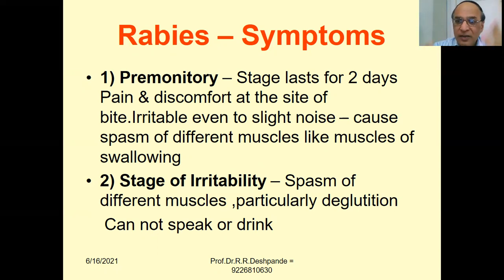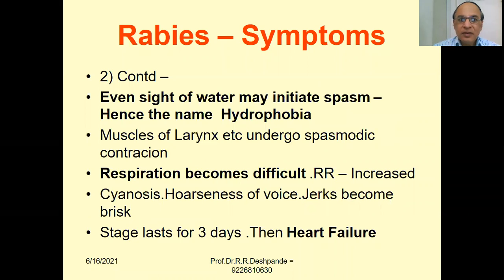He cannot drink even water. Even the sight of water, by looking at the water, or that someone is giving water, makes the fear of spasm and initiates the spasm, and hence the name of the disease is hydrophobia. Hydro means water and phobia means fear: fear of even thinking of drinking water.